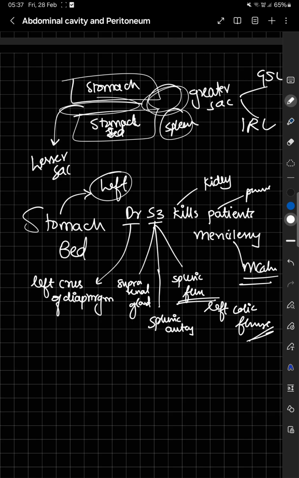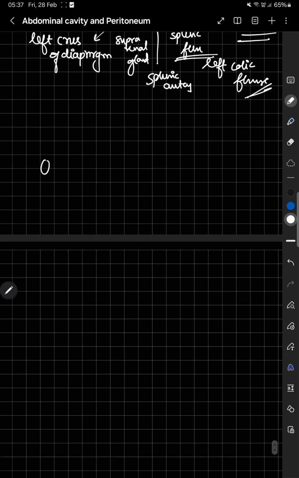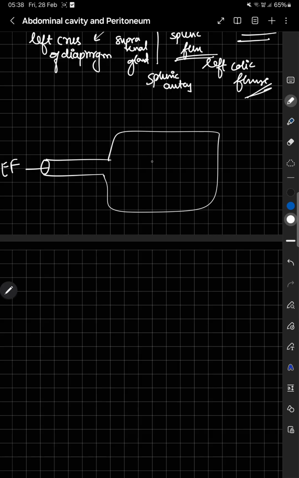Now they are saying there are a few recesses present for our sac, which we will be taking. They've even given another diagram here where they've given some bottle kind of a thing where we have our epiploic foramen, our lesser sac, which is our omental bursa.